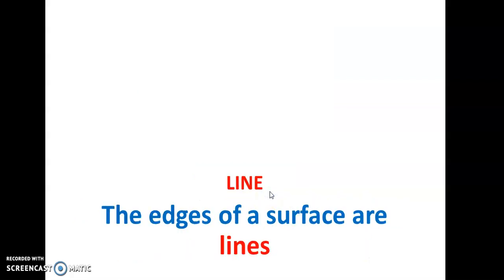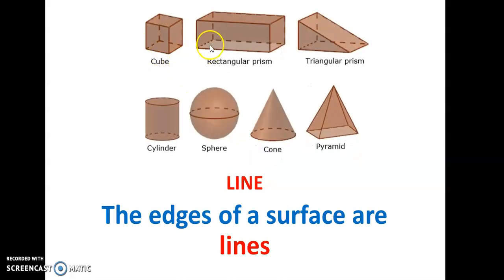In the next definition, here he again defines line. Here you are observing so many solids. Observe carefully the edges of the surfaces. The edges of the surfaces are lines, isn't it? Either curved lines or straight lines. So he called the edges of a surface lines.